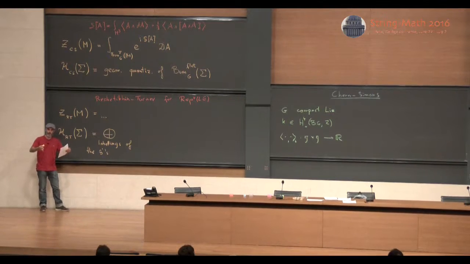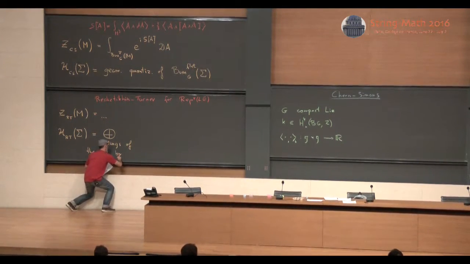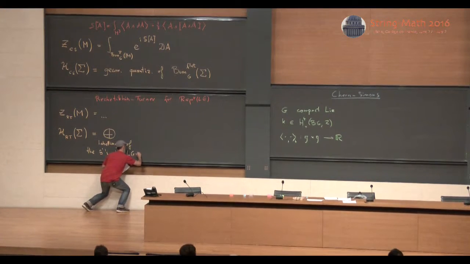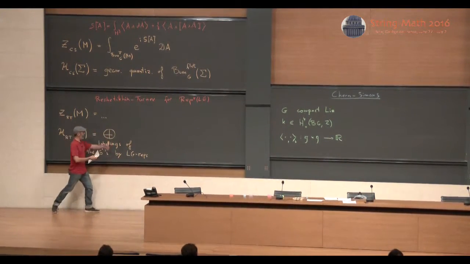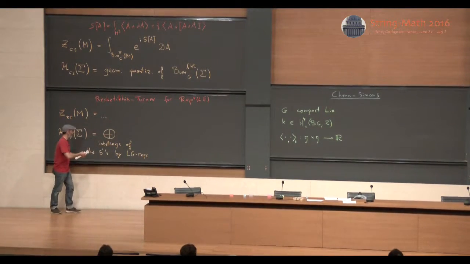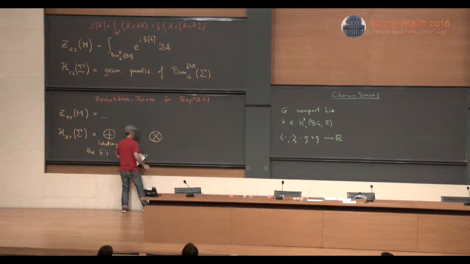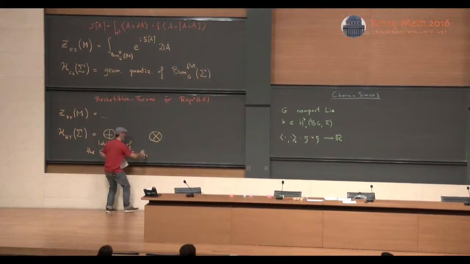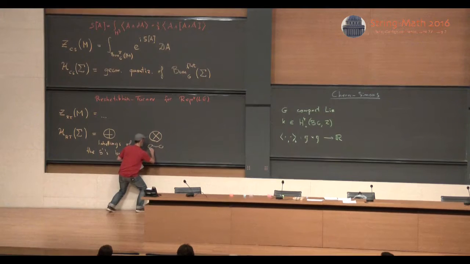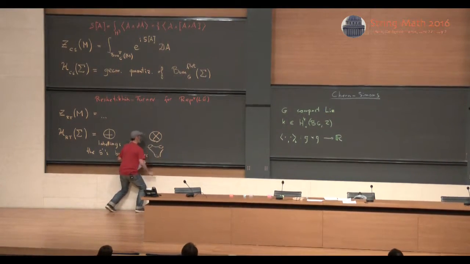So when you do a pairs of pants decomposition, you're cutting your surface into pieces, and the places you cut along are these S1s that we're going to label by representations of LG, by objects of the category that we're taking. And then you do a tensor product indexed over the various pieces of the decomposition of the surface.